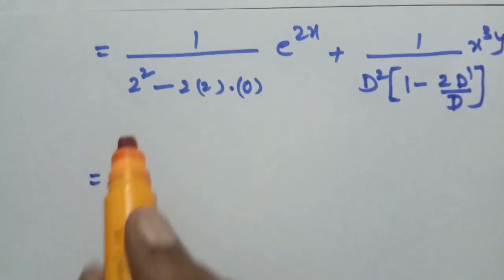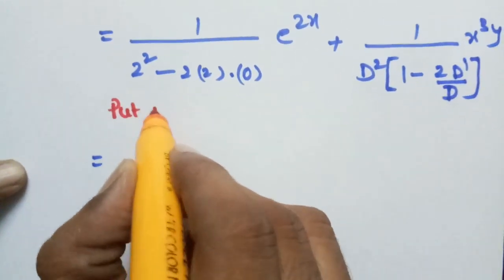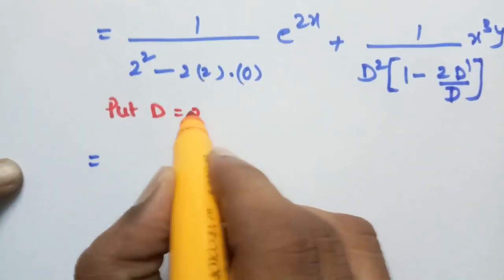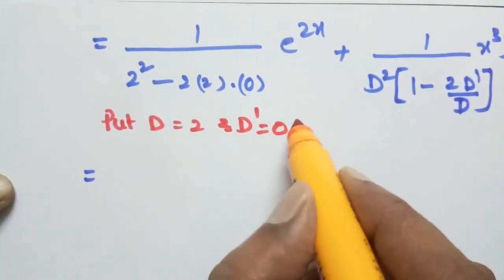Here we substituted D equal to 2 and D dash equal to 0.